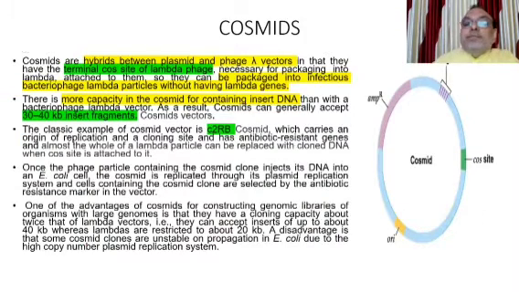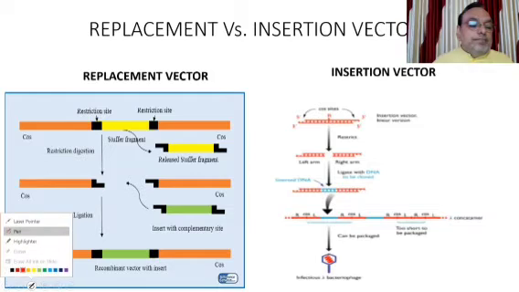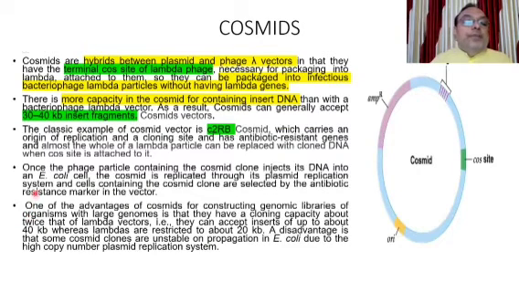So here, nothing special. We have seen that in the lambda phage, the two unpaired ends are called cos sites.